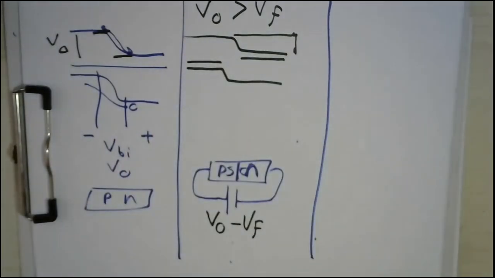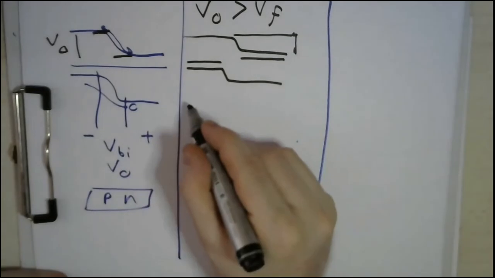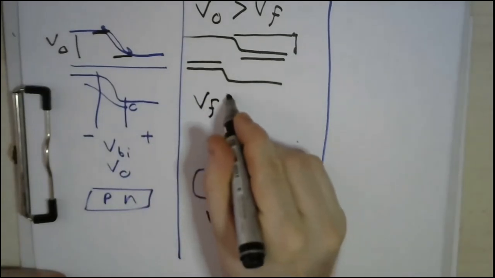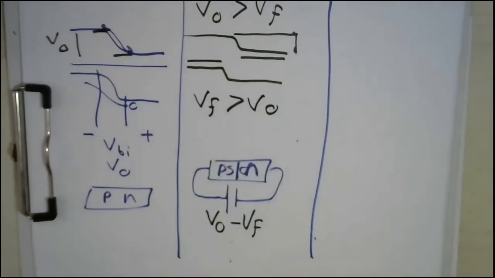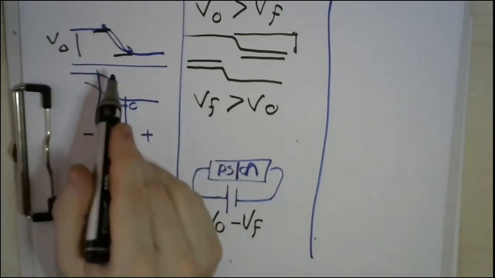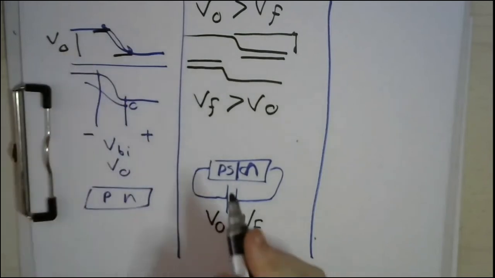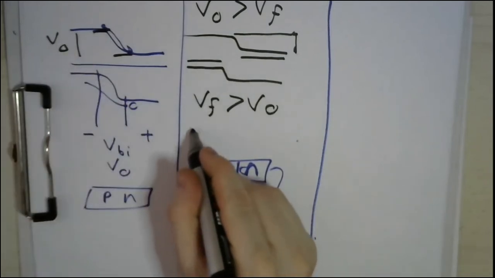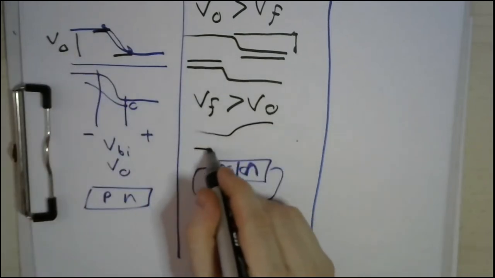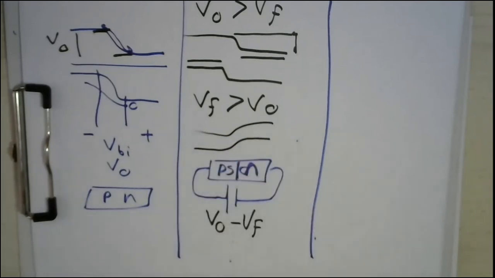But what if the forward voltage starts to be greater than V node? Then no barrier will exist, and the energy band diagram will look like this.